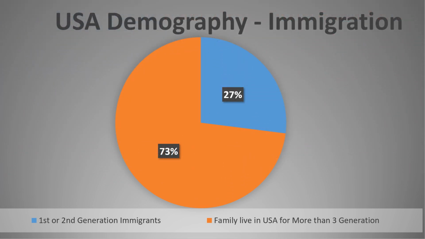The population is diverse with people from all over the world seeking refuge and a better way of life. There are almost 90 million people who are either immigrants themselves or second generation immigrants. That's 27% of the overall population.